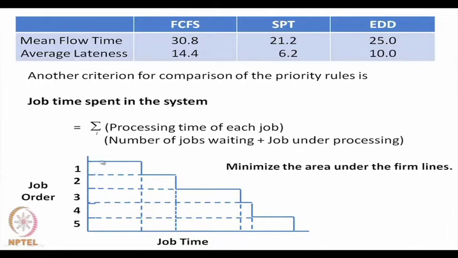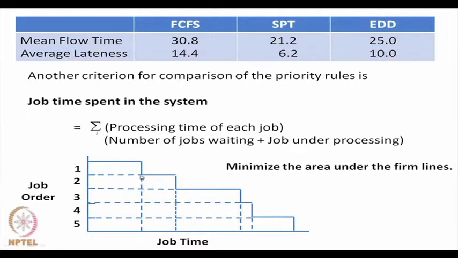So, job 1 takes 12 days and it remains in the process for 12 days. Although its waiting time is 0, its operation time is 12 days. Therefore, 0 plus 12 is the total time it is spending in the system. Now, for those 12 days, jobs 2, 3, 4 and 5 are all waiting.